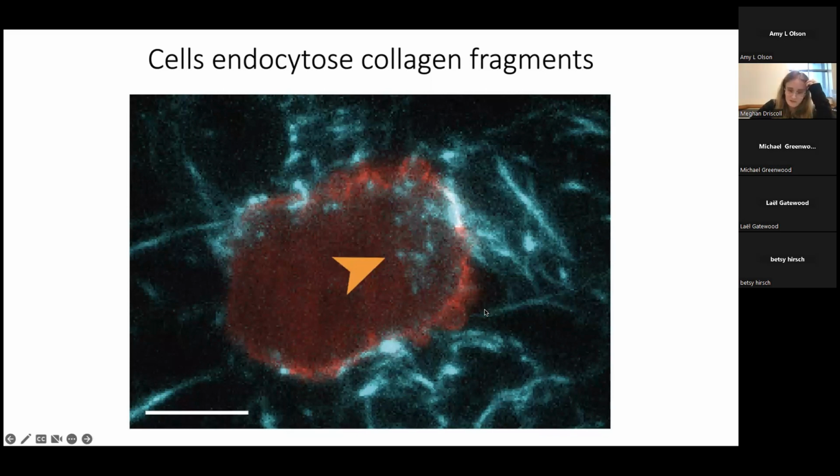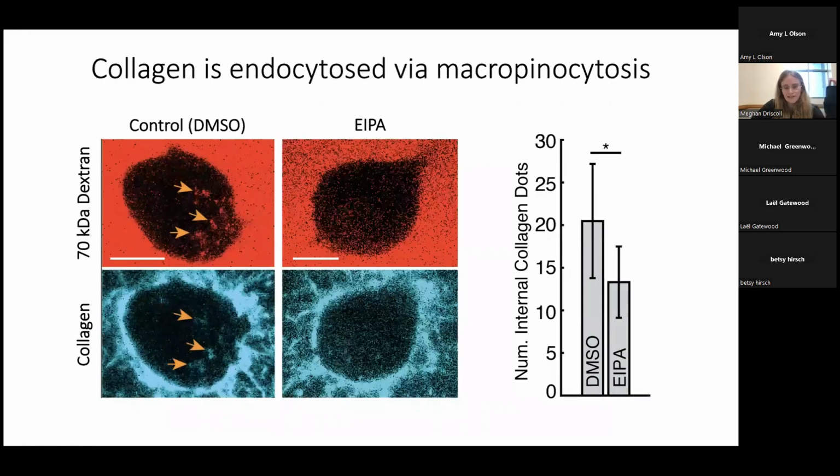Macropinocytosis is a mechanism for swallowing, essentially. But yet this collagen is solid-ish, right? But nevertheless, it seems to be consistent with macropinocytosis, right? So effectively, this is one way of measuring macropinocytosis. We color the outside of the cell with a fluorescent molecule that's large.